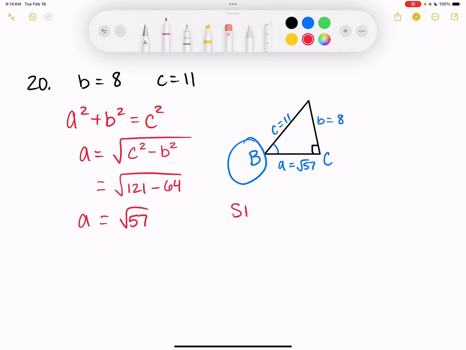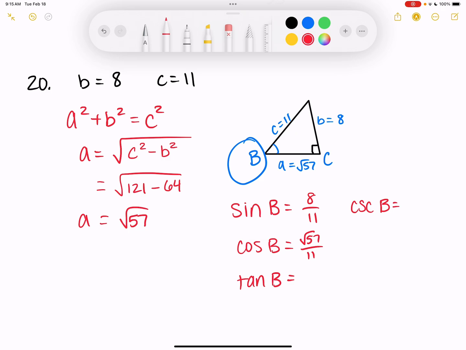So what is the sine of B? Opposite over hypotenuse. So that would be 8 over 11. What's the cosine? Adjacent over hypotenuse. So that's going to be the square root of 57 over 11. And what about tangent? Opposite over hypotenuse.